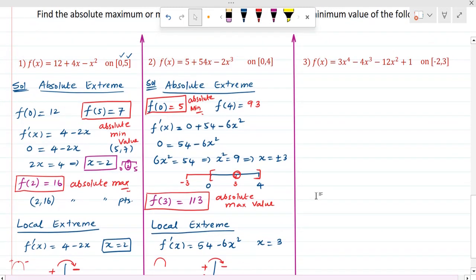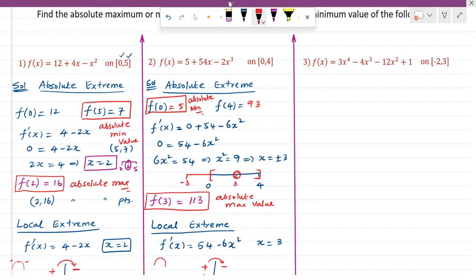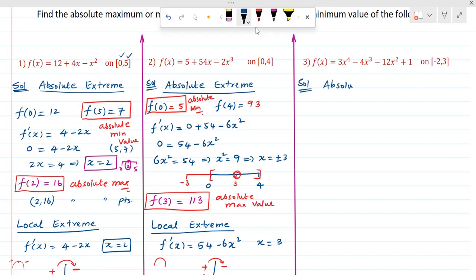Now the last one we will try here. This is power 4. Let us start with the same rule, nothing new. Absolute extremum.